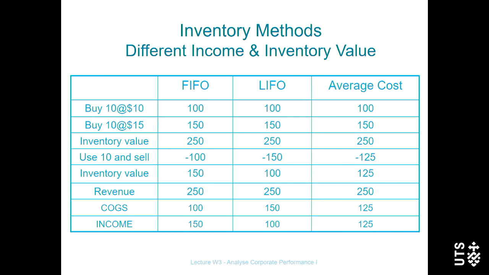Why do we need to understand this? The main reason to pay attention to this is if you're comparing firms, right? And when you're comparing multiple firms where inventory could be a big deal, you have to make sure that they both account for inventory the same way.